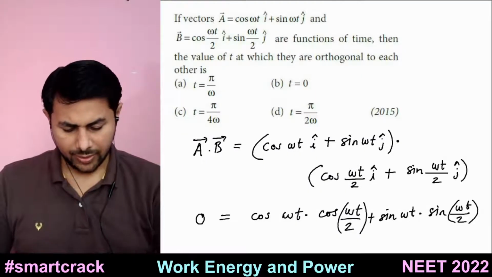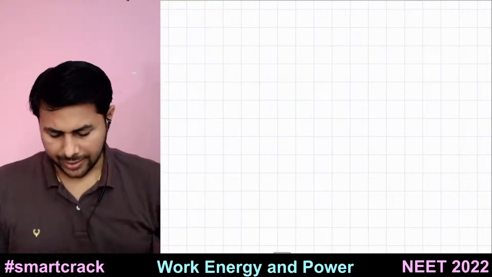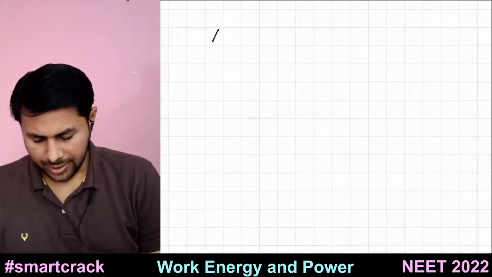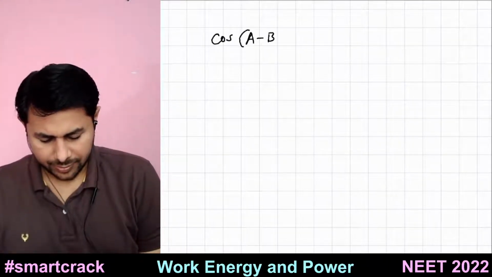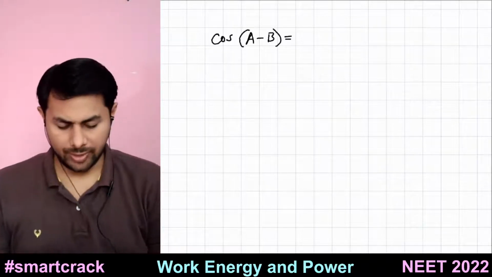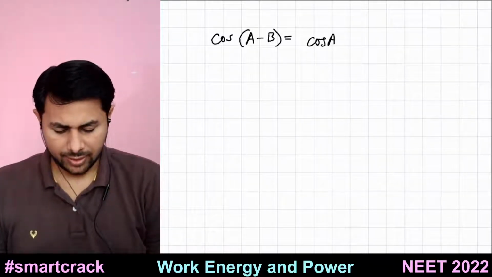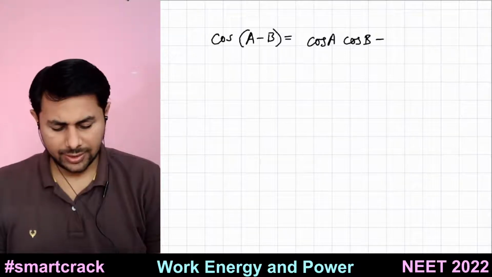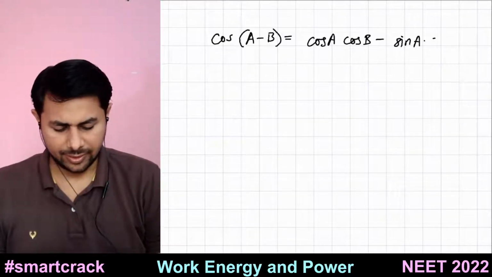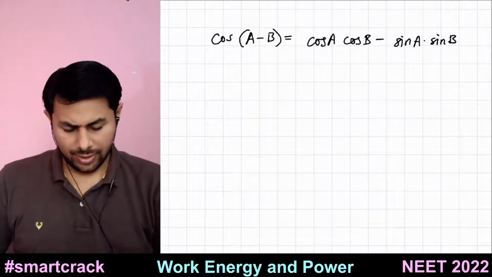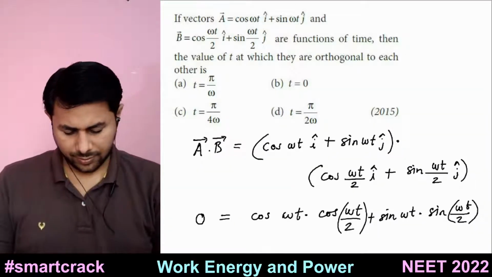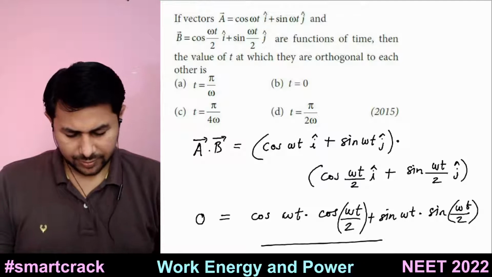let's say you have two angles A and B, and you want to find out cos of A minus B. Then what's the formula? It is cos A cos B plus sin A sin B. All right, so what do you get?